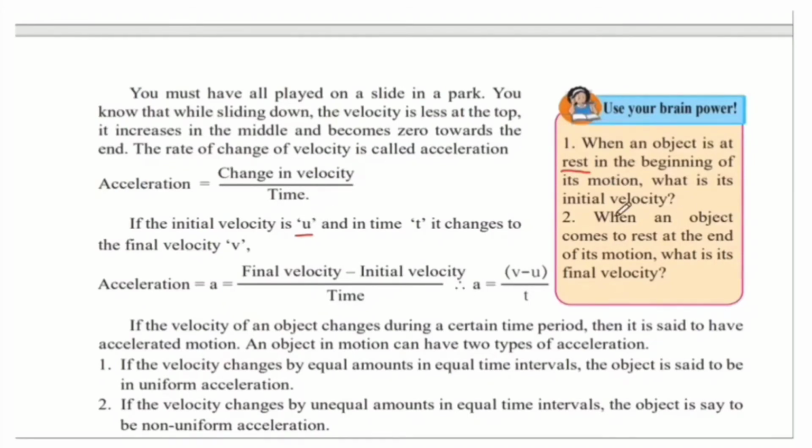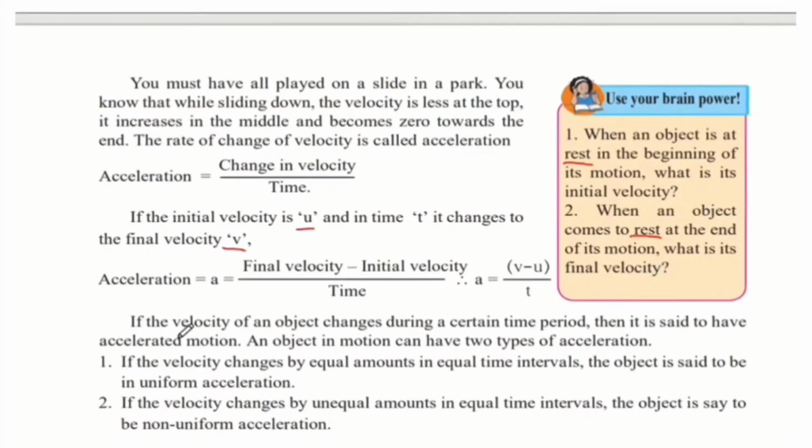When an object comes to rest at the end of its motion, what is its final velocity? So, at the end of the motion, it is at rest now. So, because it is at rest, the final velocity would be 0. And final velocity is usually taken as v. So, in this case, the final velocity, that is v, would be 0.